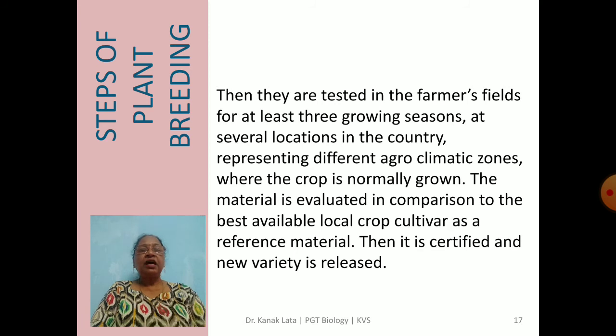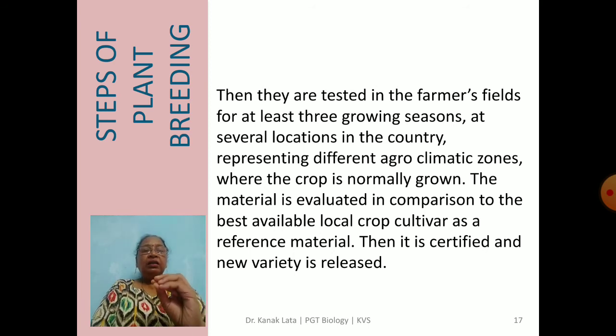After that they are tested in the farmer's field for at least 3 growing seasons. How many? 3 growing seasons at several locations in the country where they can grow. So this will give them different agricultural climatic zones.